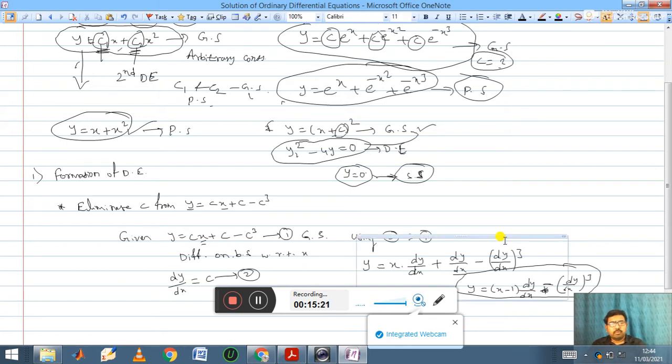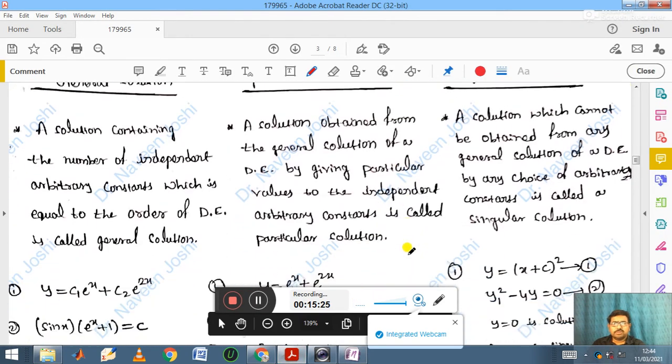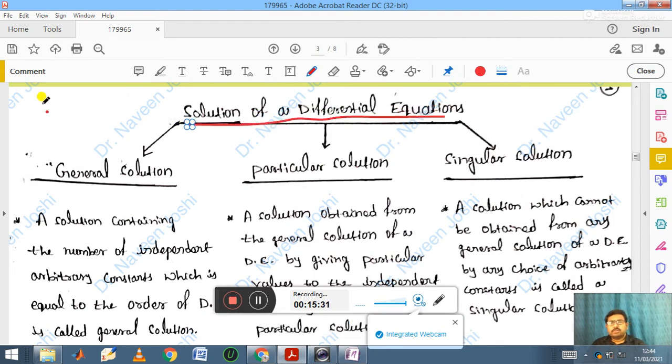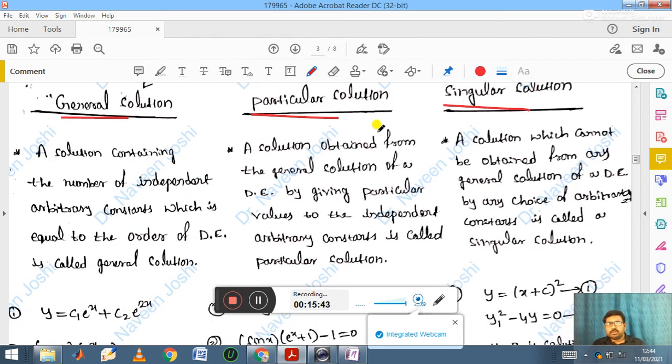Let us see some more examples related to formation of differential equations. As I said earlier, now the solution of differential equations. Here there are three types of solutions: general solution, particular solution, and singular solution. The general solution is a solution containing a number of independent arbitrary constants equal to the order of the differential equation.